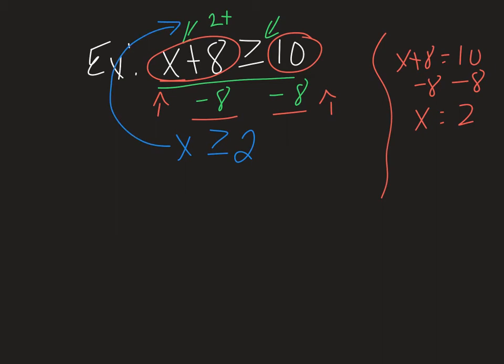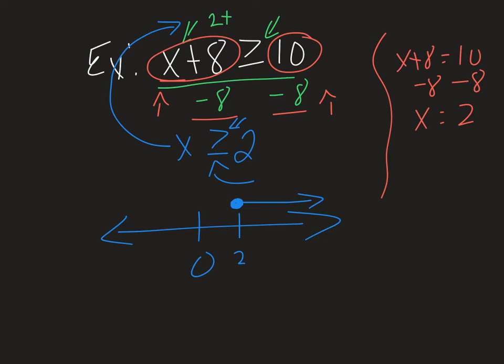Now, if I'm to plot this on a number line, I would go to 2, and in this case, because of the equal to, I'm going to make a solid dot, because x could be 2. This one's different than our last example where x was less than 3. And then it's going to be greater than 2. So it could be 2 or it could be greater, meaning I'm going to go to the right.